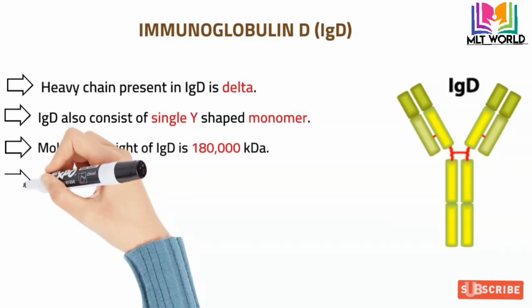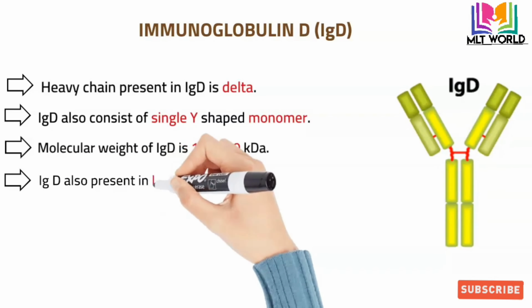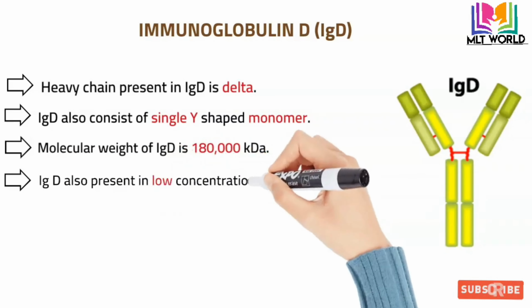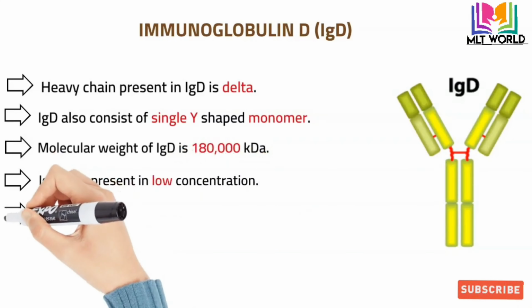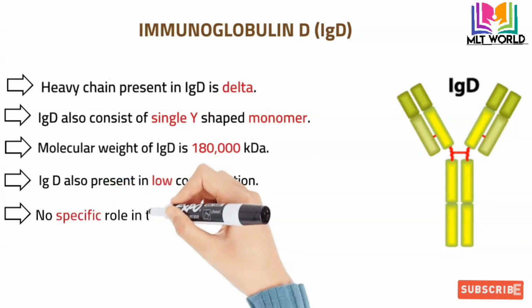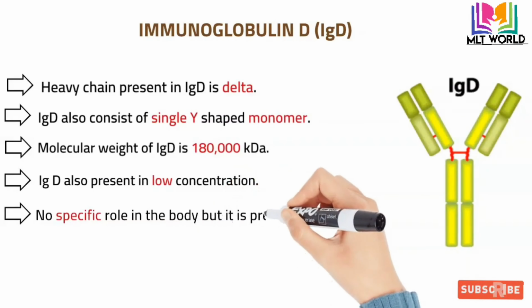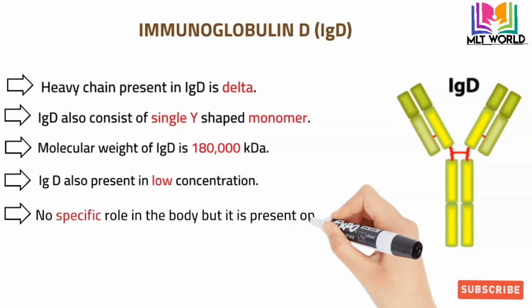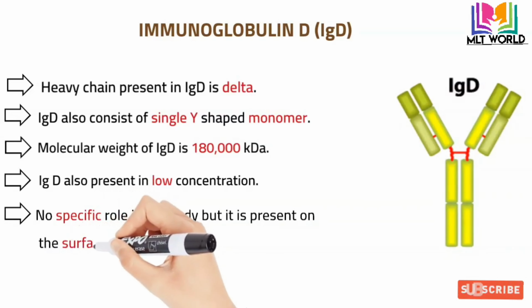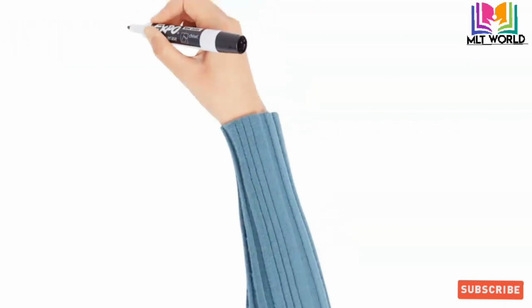Still, as you can see, it is bigger than IgG, and IgD is present in very low concentration in our body, and no specific role in the body has been indicated, but it is present on the surface of B cells.